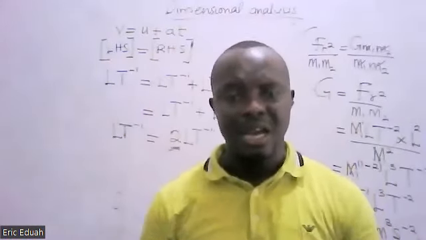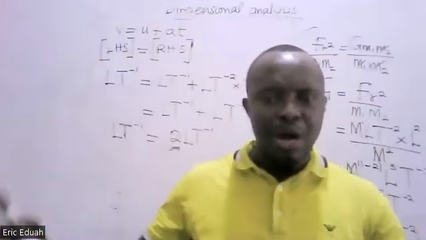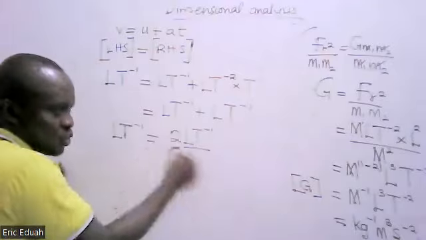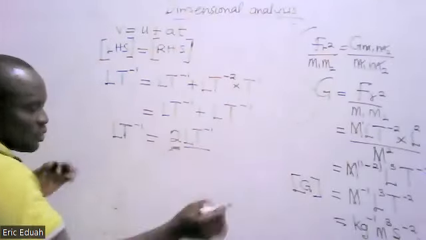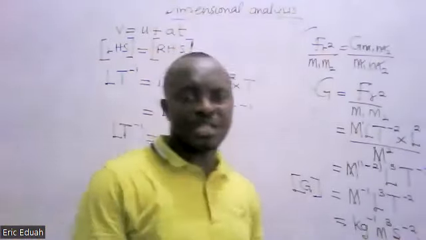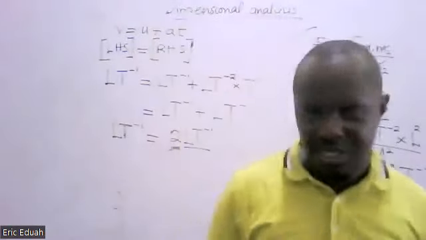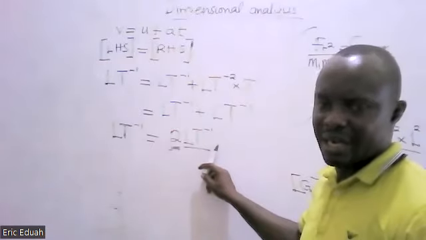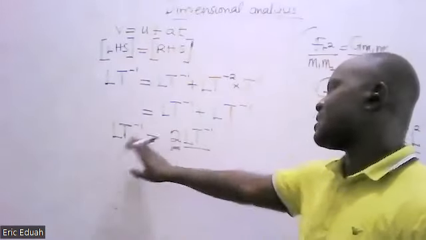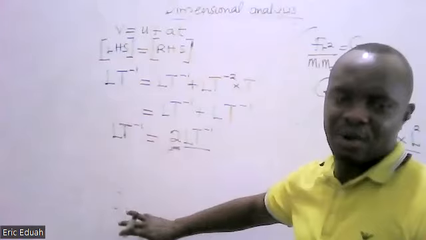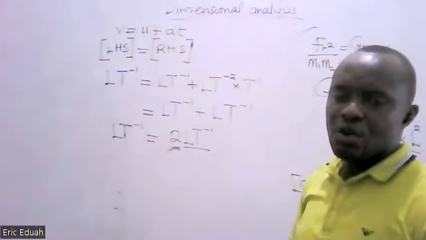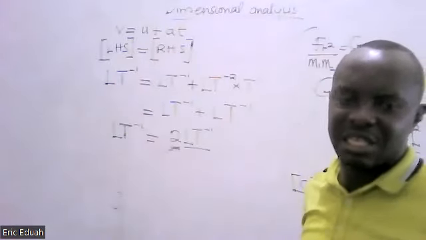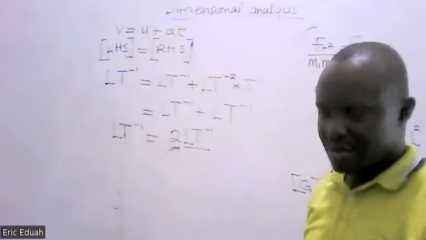It's just a constant. But we look at the dimension to judge whether the equation is dimensionally correct or not. And since LT to the power negative 1 at the right-hand side is equal to LT to the power negative 1 at the left-hand side, we conclude that the equation is dimensionally correct.